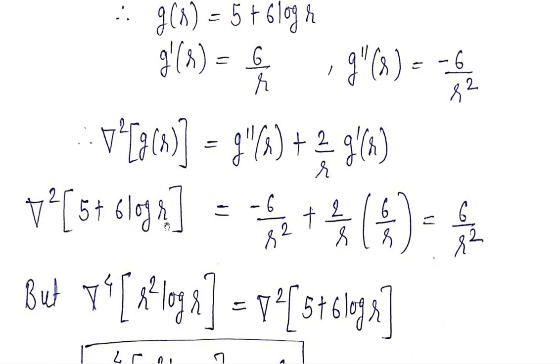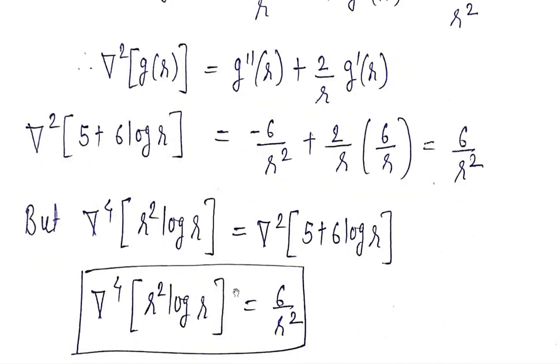So del square of 5 plus 6 into log of r is equal to minus 6 upon r square plus 2 by r into 6 by r, which is equal to 6 upon r square. So del to the power 4 of r square into log of r, which is equal to del square of 5 plus 6 log of r, is 6 by r square.